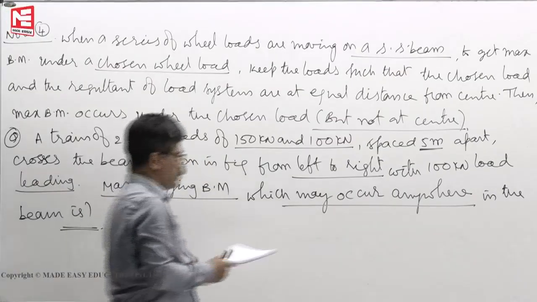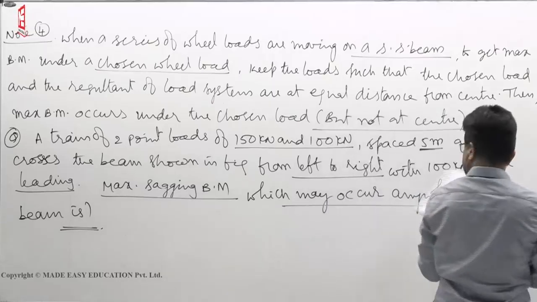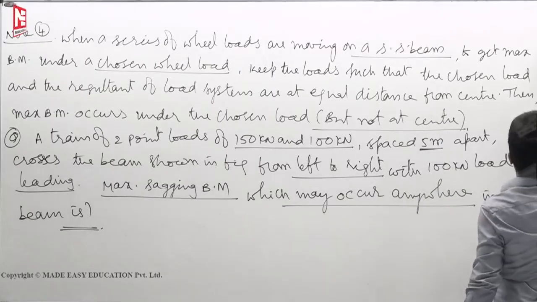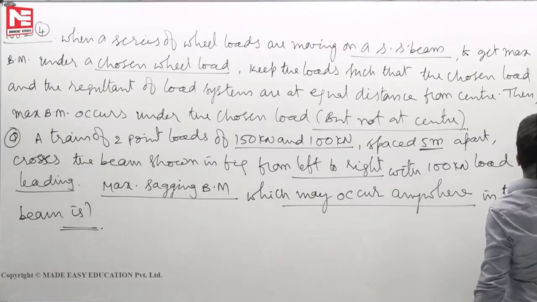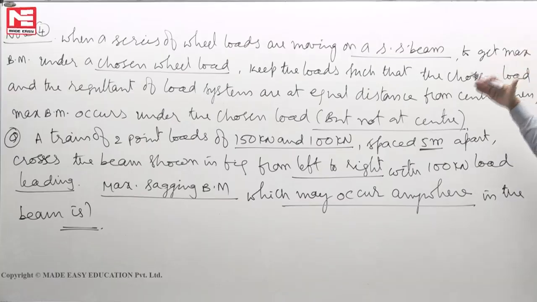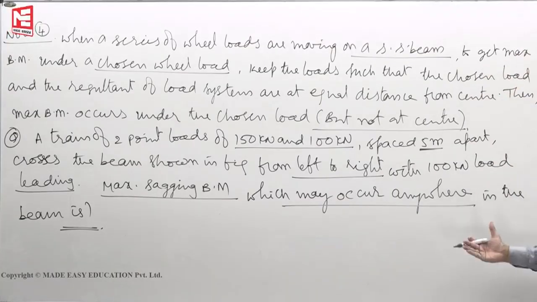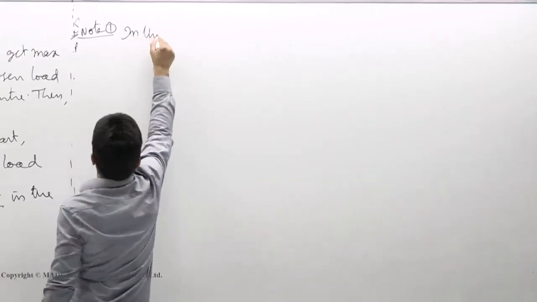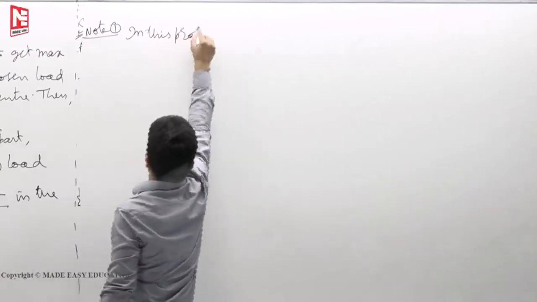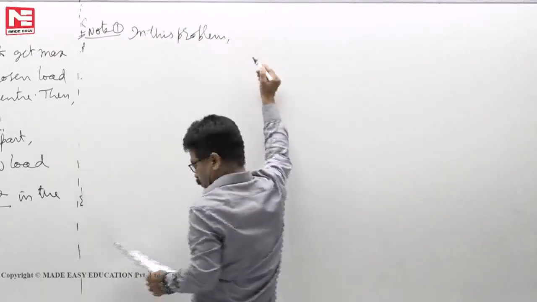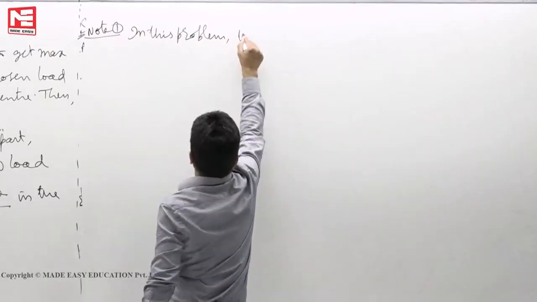Now, let us see, these are the points you have to get. This is for our understanding only. What are the things that we have to observe when you are solving the problem in 2 minutes time? We don't have to write this note in the exam. This is for our understanding only. First point, in this problem, the section of the beam is not given.